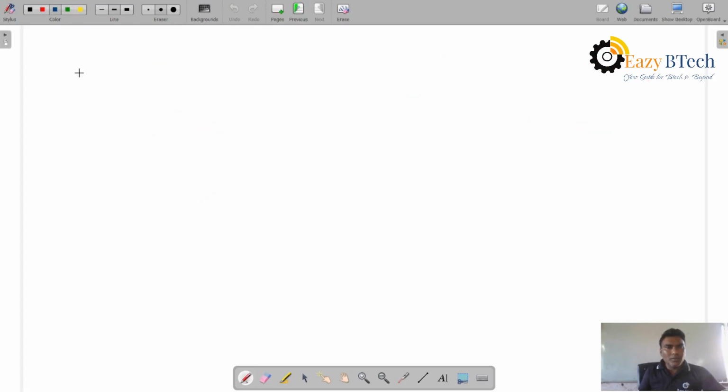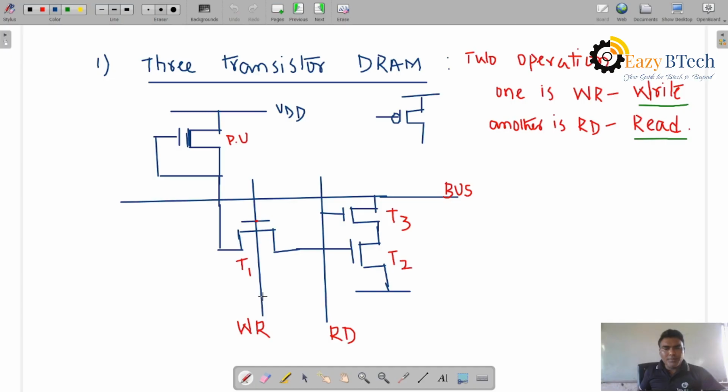When WR is equal to 1, write operation is equal to 1, read operation is equal to 0.